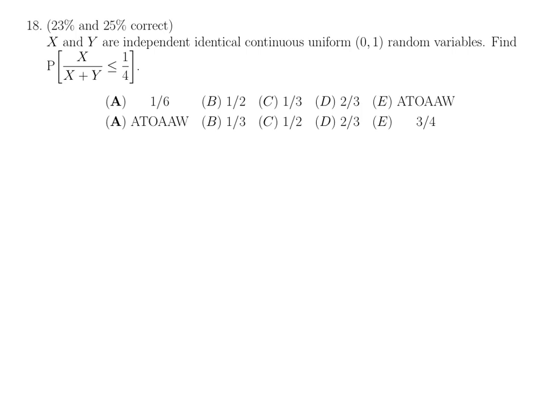So this problem is really testing, do you know how to do these problems? So here's x and y, and we're testing x and y are independent, identical, continuous, uniform 0, 1 random variables.